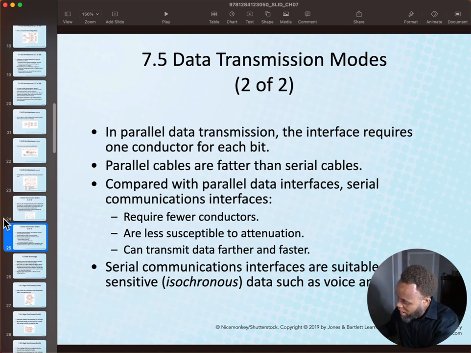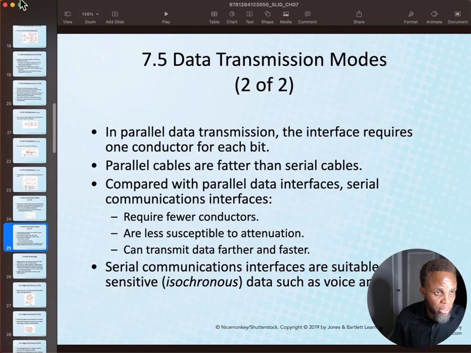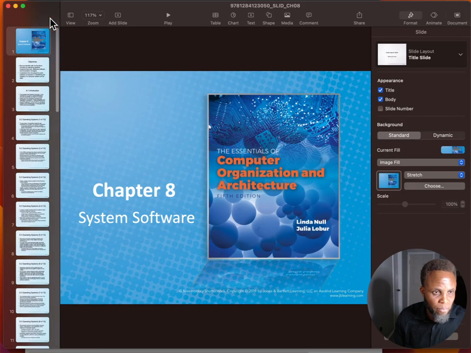Okay, let's look at chapter 8. For chapter 8, we're going to do 8.1 to 8.5, as I mentioned in the syllabus.